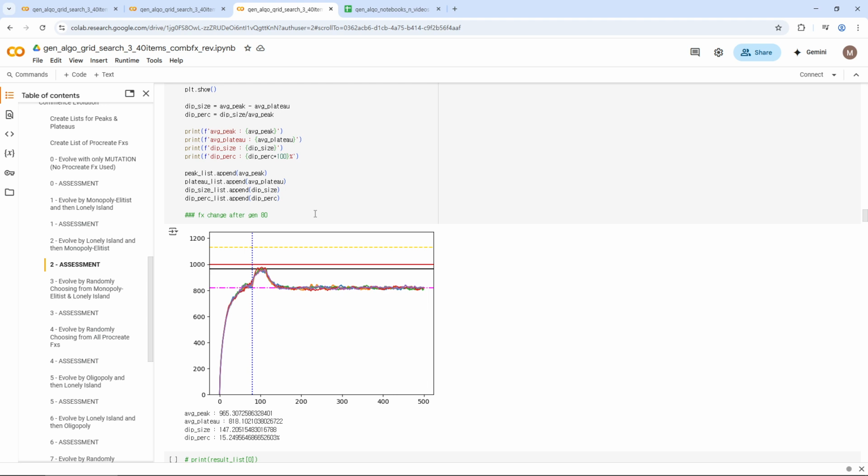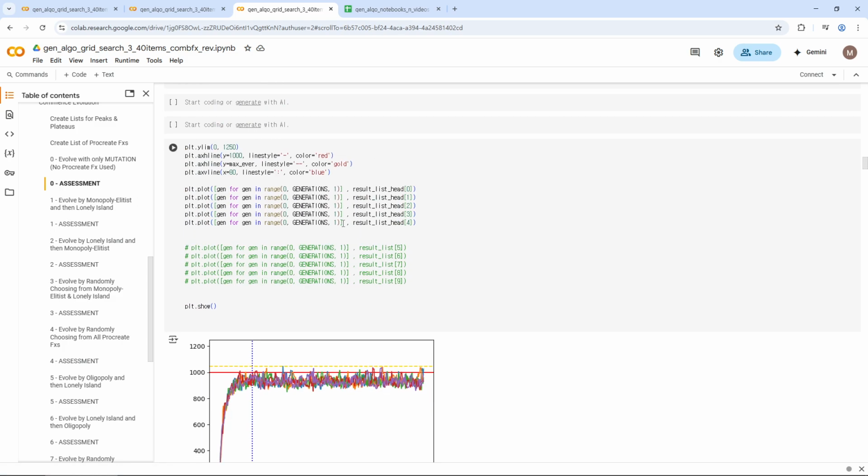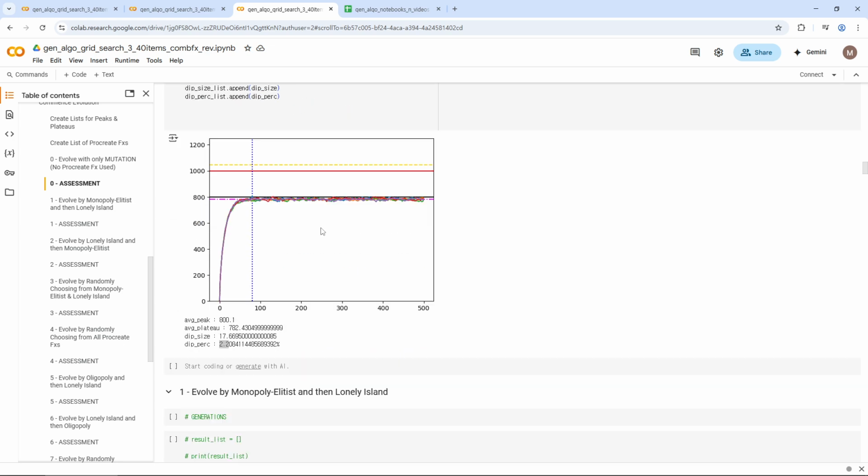Funnily enough, what we see here is kind of odd, because the Lonely Island does lead to some kind of more rapid evolution or improvement, as you can see here.